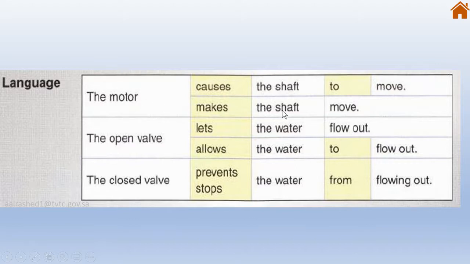What's the difference between cause and makes here? The difference is if you use cause, you must use to between the object or the noun and the verb. So we need the subject plus causes plus the object, in addition to that to, and then the verb.